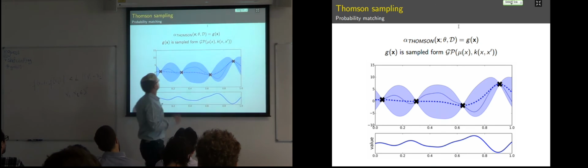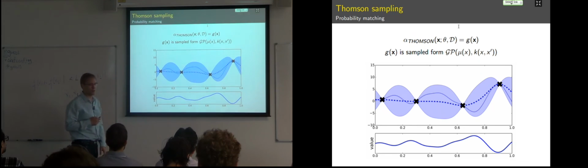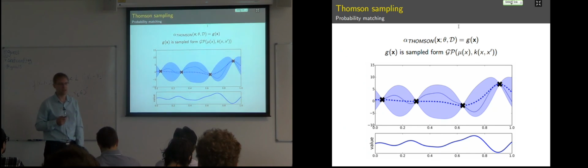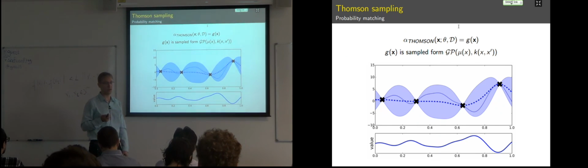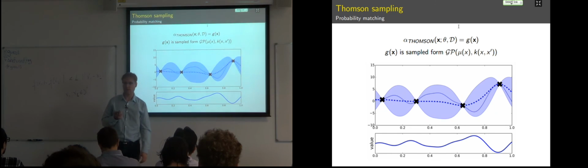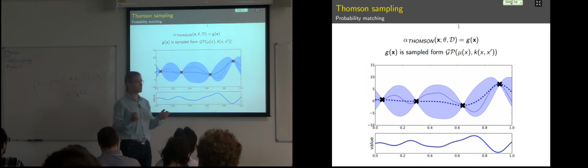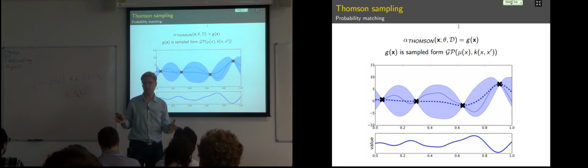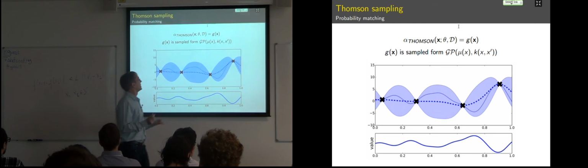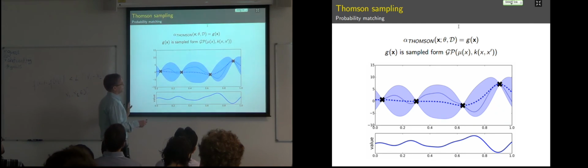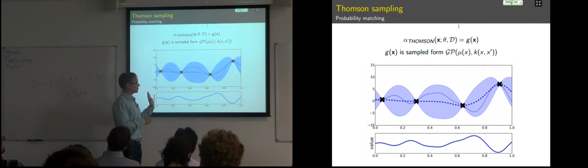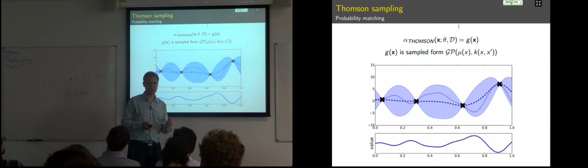I think the first paper on Thompson sampling appeared in 1933 in Biometrika, and it was developed for discrete spaces. There is a whole literature about Thompson sampling and different things you can do with it. Extending Thompson sampling to continuous spaces is not straightforward.